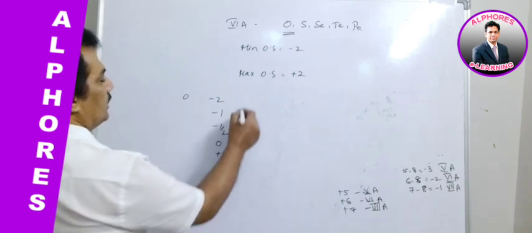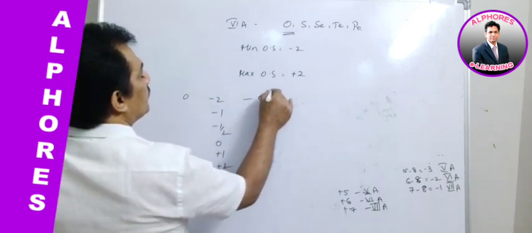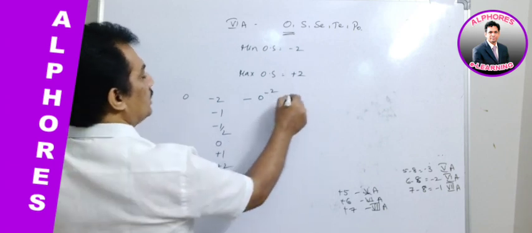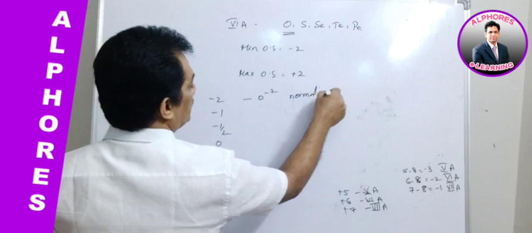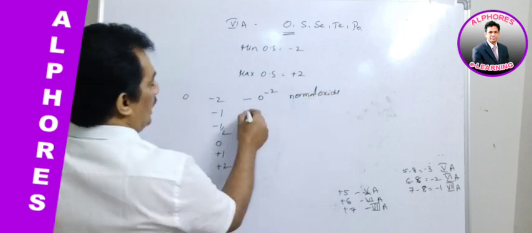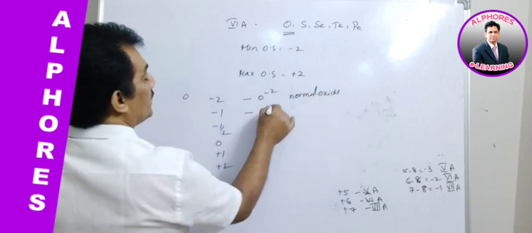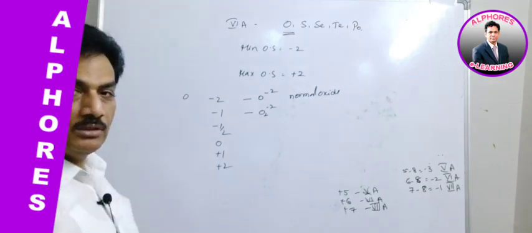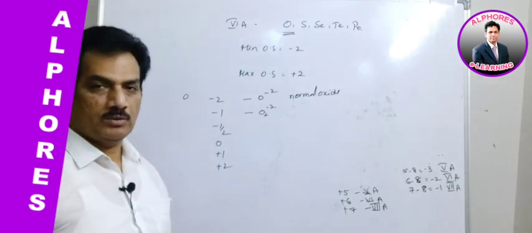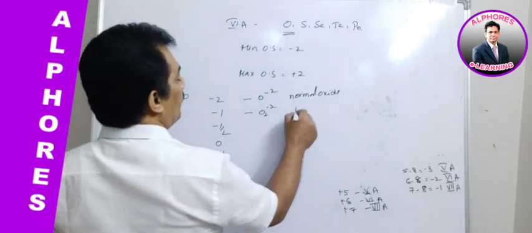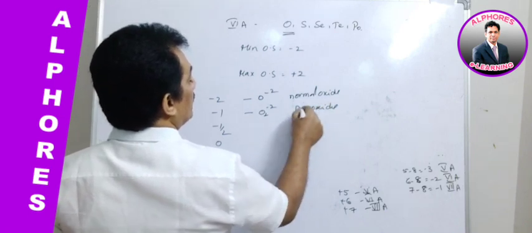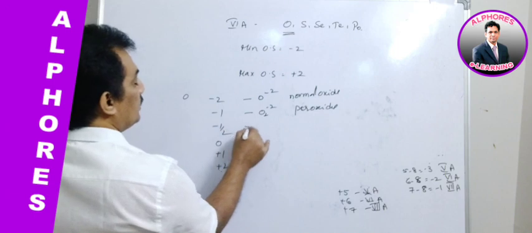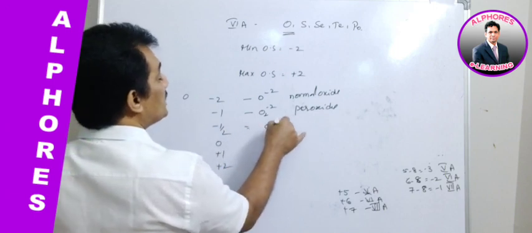Just remember, it is present in O²⁻. It is considered a normal oxide, and this is O₂²⁻. Two atoms combined possess -2. It is known as peroxide. And this is O₂⁻.